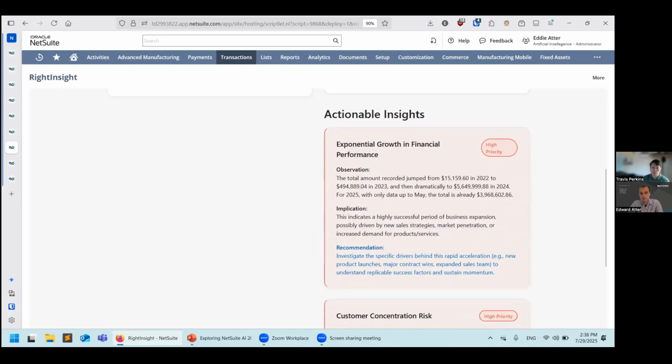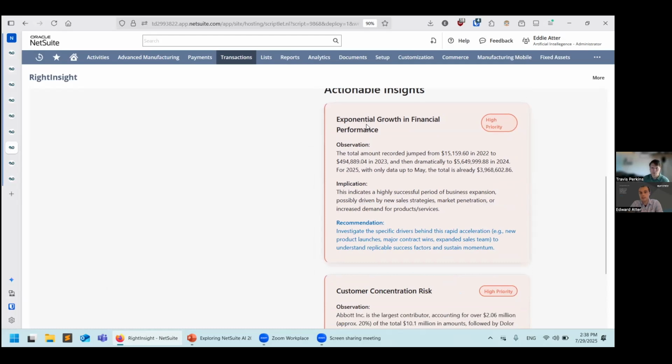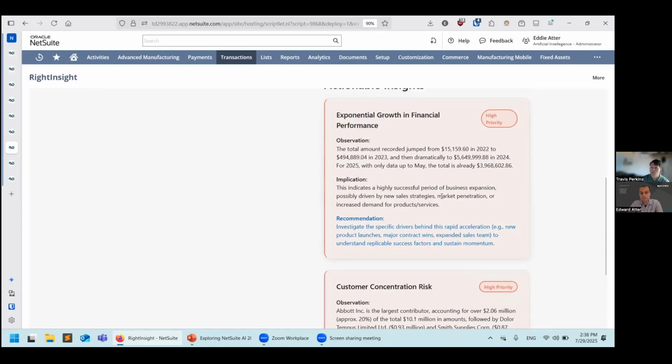If I scroll down further, it talks about our exponential growth and financial performance. Total amount recorded from 2022 to 2023, and then up to over 5 million in 2024. And then with that through May, we're already at 4 million, right? So this is a pretty healthy, good trajectory we're on.